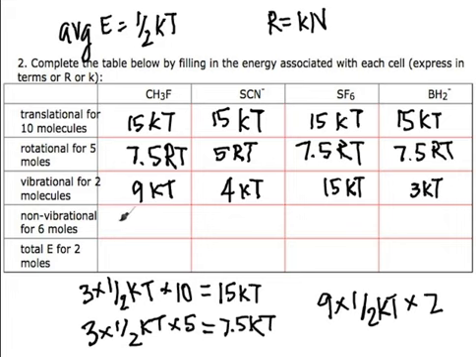For non-vibrational energy, all we have to remember is that for nonlinear molecules, it's going to be 3 RT. Because we have 3 times 1/2 for the translational and 3 times 1/2 for the rotational, that's going to give us 3 kT. And since we're looking at the number of moles, that's going to be 3 RT. Since we have 3 RT, then for 6 moles, it's going to be 18 RT.